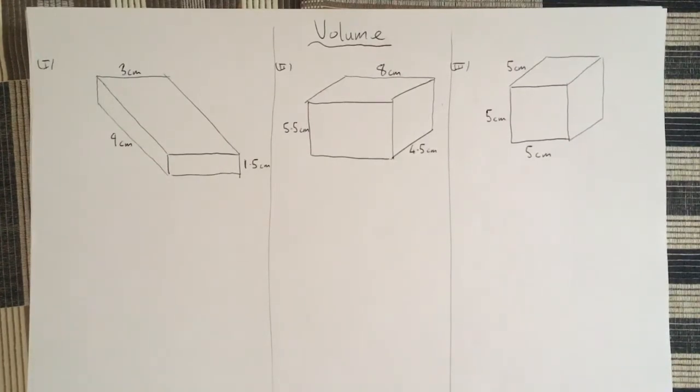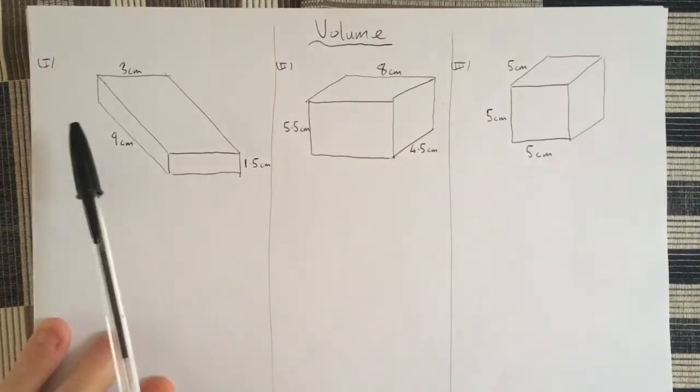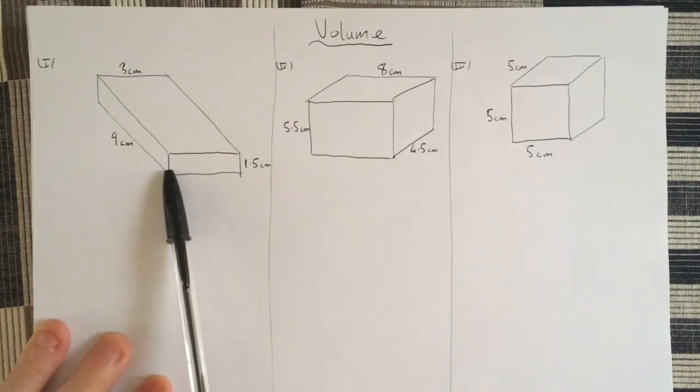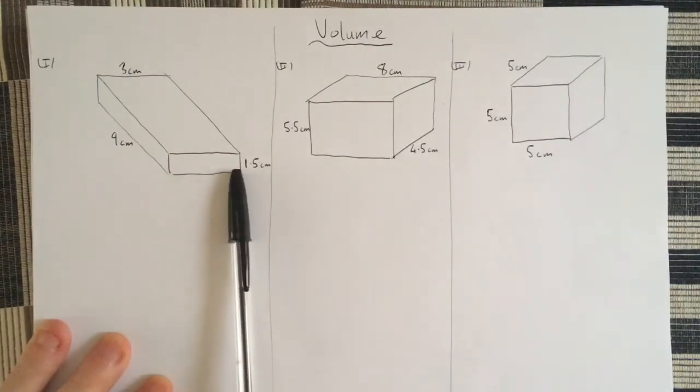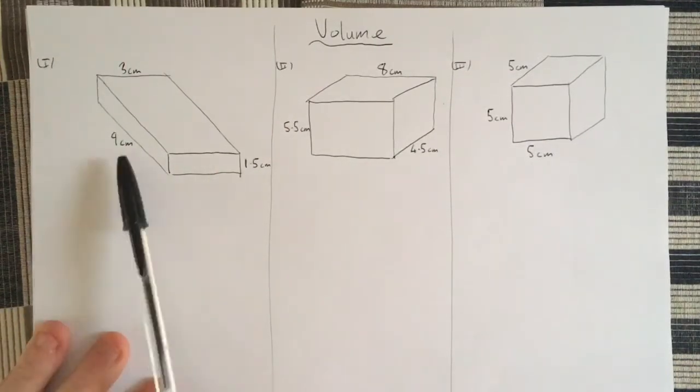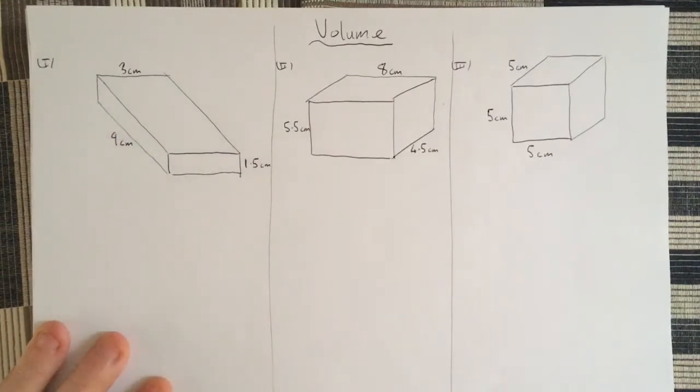The volume formula is very similar. This time I'm going to multiply the length of the shape by the width by the height. It's a 3D shape, so it has a third dimension.